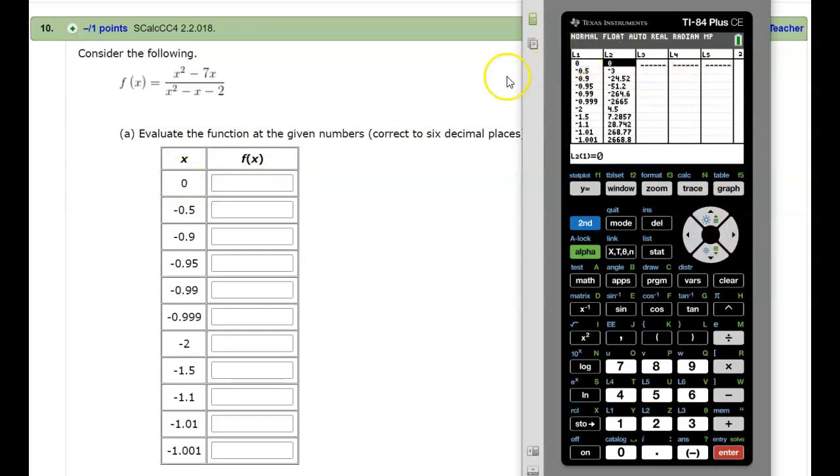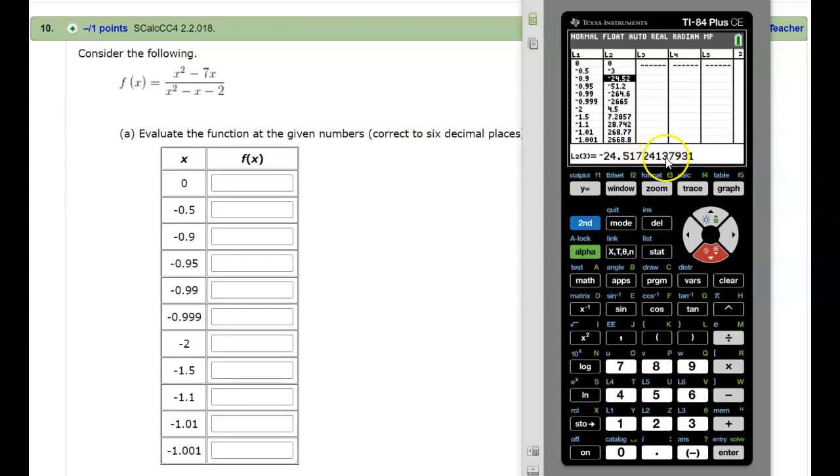In order to get the 6 decimals that they're asking for, and of course if it's only 1 decimal you only put 1, you'll have to scroll down. So you can see immediately at -0.9 we end up with a whole bunch of decimals. So we have -24 point 517, 2, 4, and 1. The last one we have to make the decision.